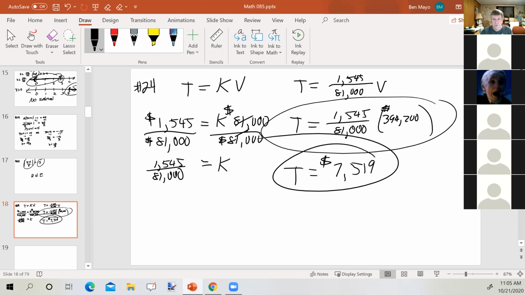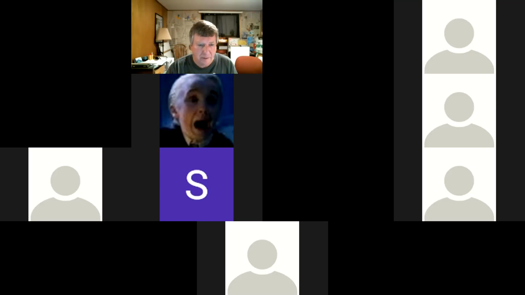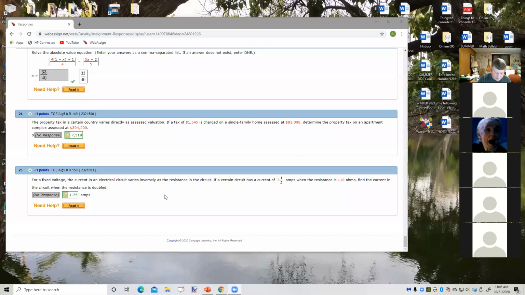All righty. And let's see here. We're going to take a look at 25 on this chapter review. For a fixed voltage, the current in an electrical circuit varies inversely as the resistance of the circuit. If a certain circuit has a current of 3.5 amps when the resistance is 110 ohms, find the current in the circuit when the resistance is doubled.